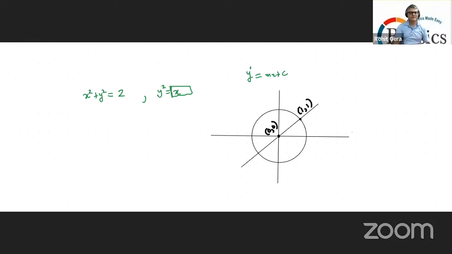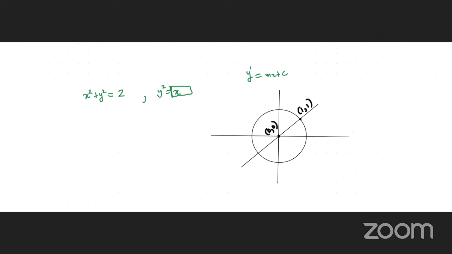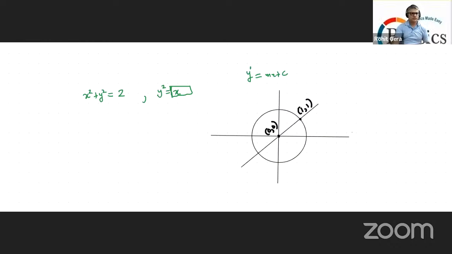So there are 2 points where they are meeting. x is equal to 1 is likely to be somewhere here.